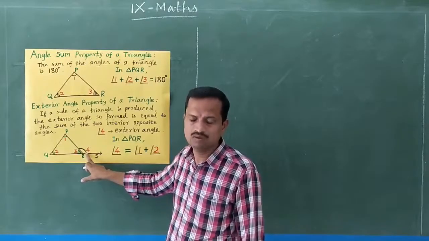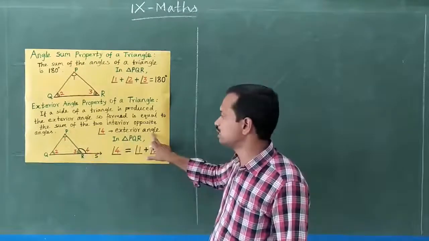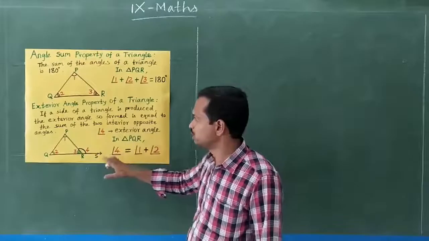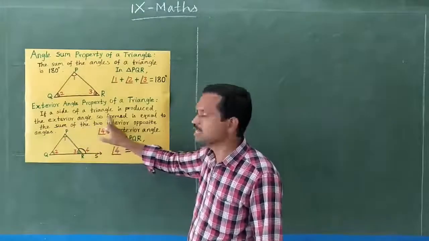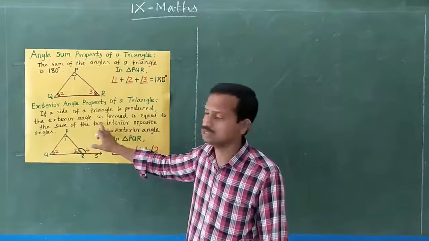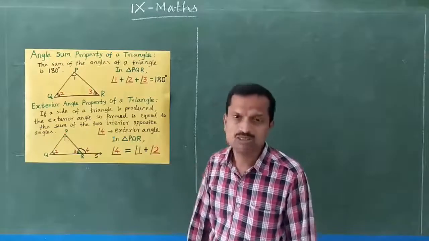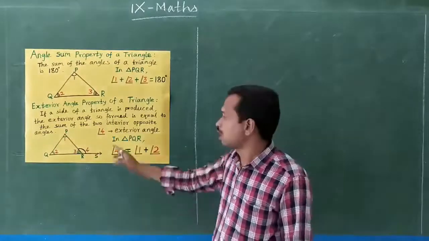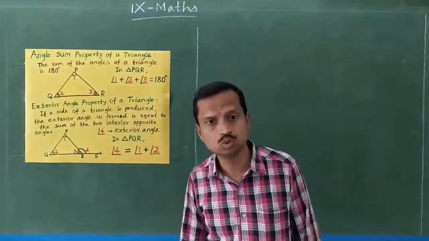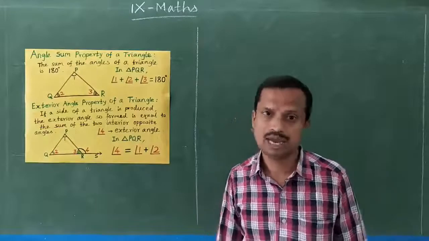That angle 4 is called the exterior angle. So if a side of a triangle is produced, the exterior angle so formed is equal to the sum of the two interior opposite angles.